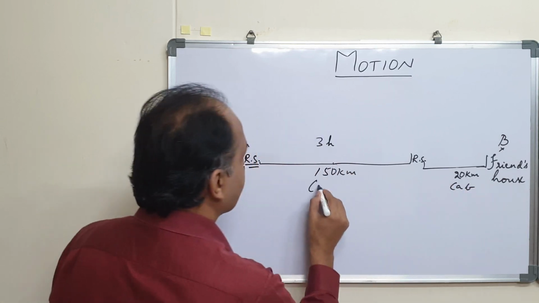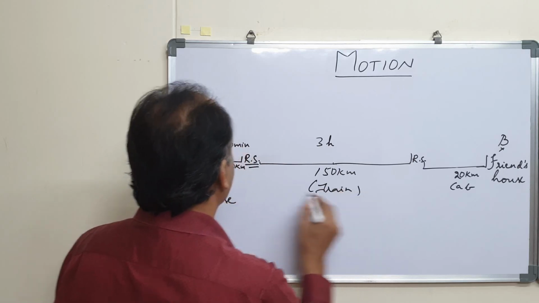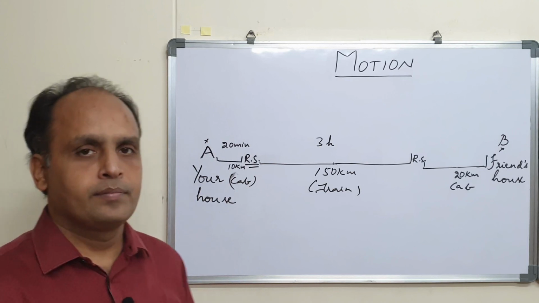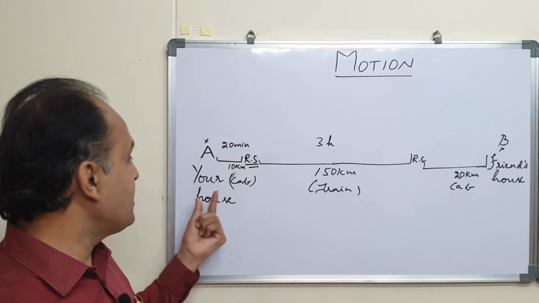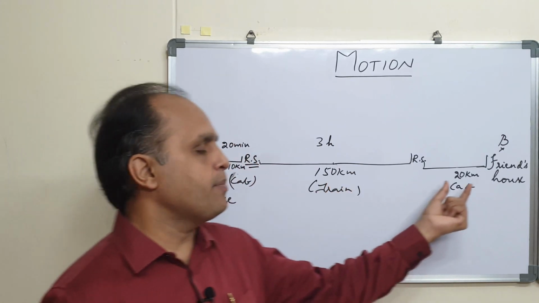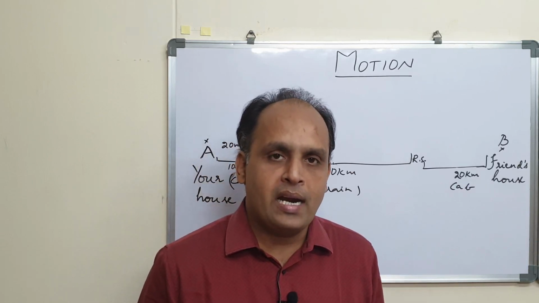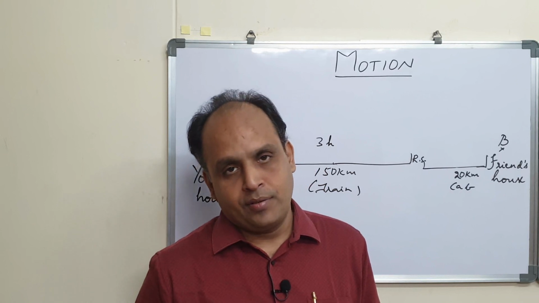Here you used a cab, here you used a train, and here again you used a cab. So the total distance is 10 plus 150, 160, plus 20, 180 kilometers. The distance is the same, 180 kilometers.